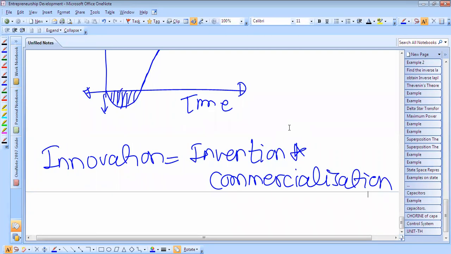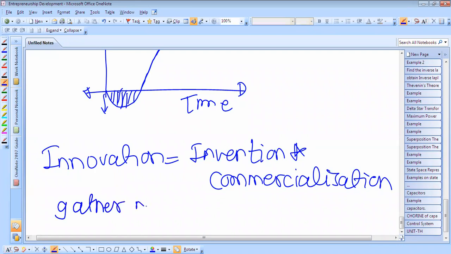So we cannot equate entrepreneurship with inventors, suggesting instead that an inventor might only create a new product, whereas the entrepreneur will gather resources. Entrepreneurs will gather resources and organize talent.